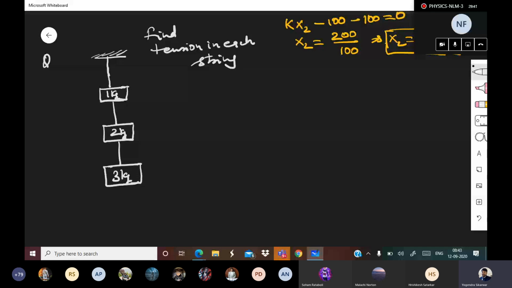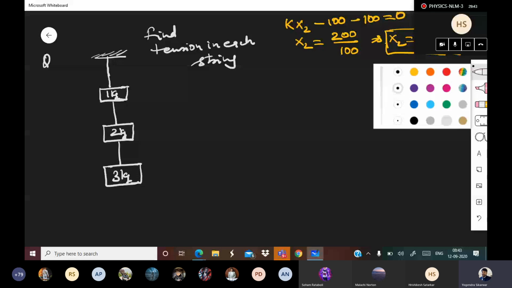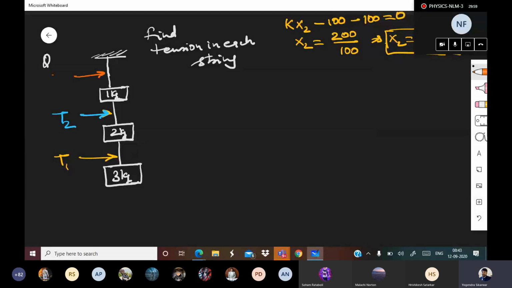Here we have three strings, and in each string the tension will be different. Suppose this is T1, this is T2, and this is T3. In all three the tension will be different, and we can directly conclude the value of tension without any calculation.